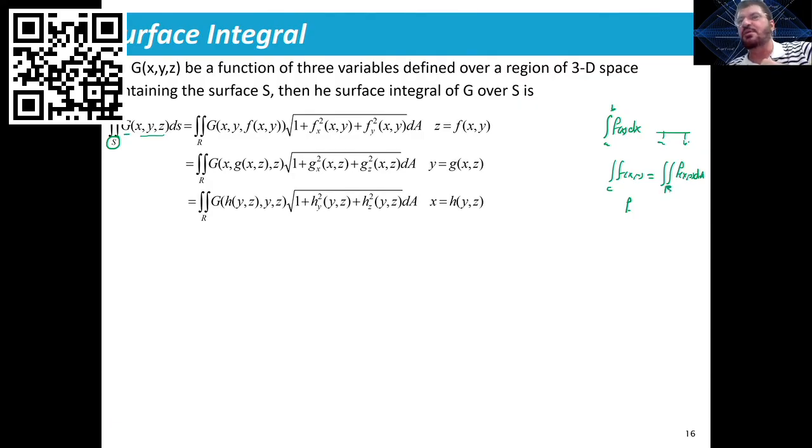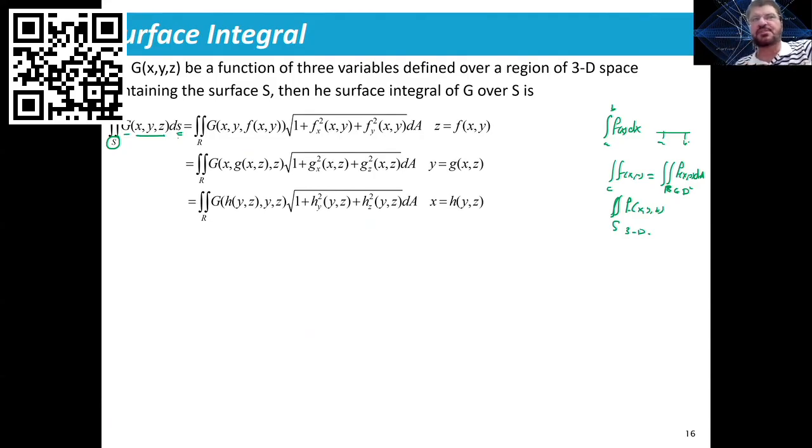A region in 2-dimensional space. But if I have f of x, y, z and I want to integrate it, what do I integrate it over? Over a surface, in three-dimensional space. Clear? All right, so a function of three variables must be integrated over a surface.